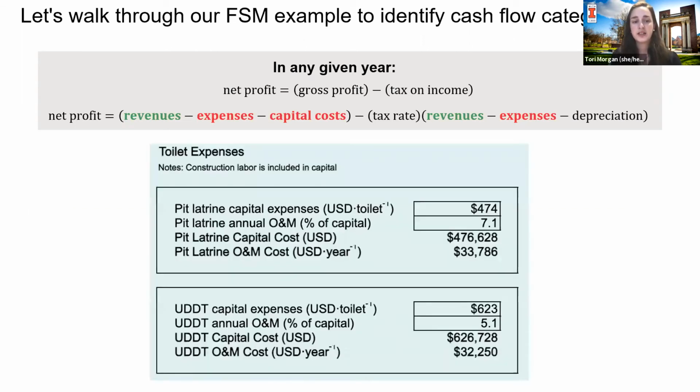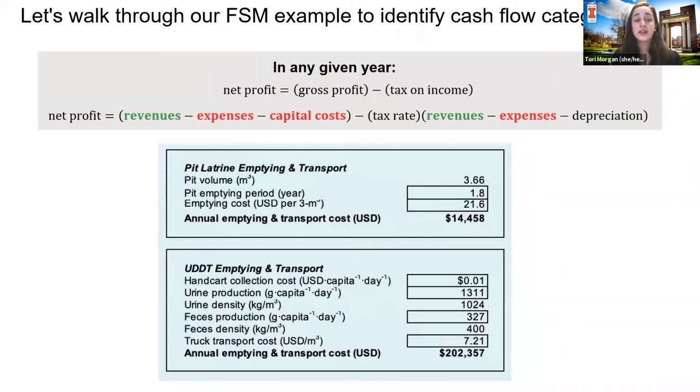Then we can look at our expenses. Right here are the capital costs of the pit latrine versus the urine diverting dry toilet. You can see how the capital cost of the pit latrine is less than the urine diverting dry toilet, and how the costs differ with O&M %. The next one is the pit latrine emptying and transport, which is significantly lower than the urine diverting dry toilet emptying and transport.